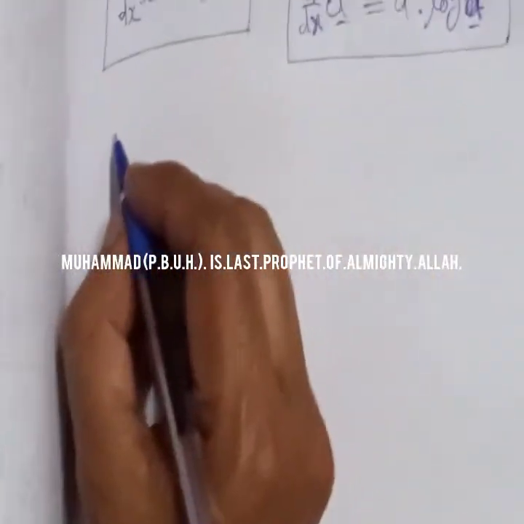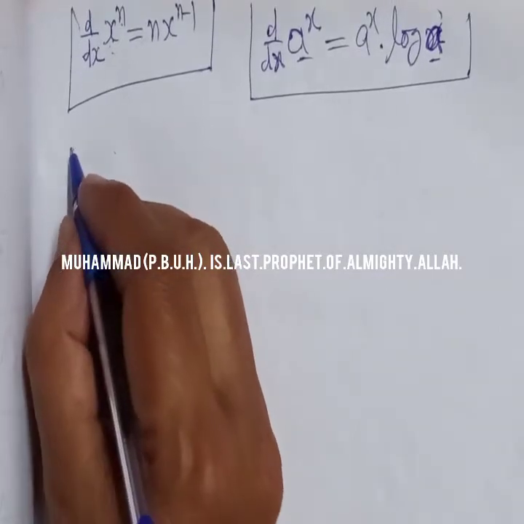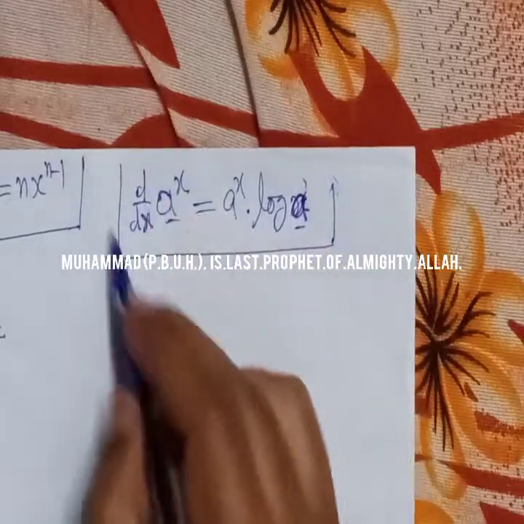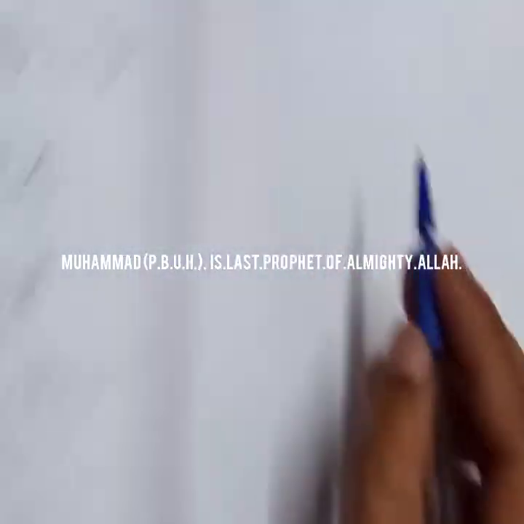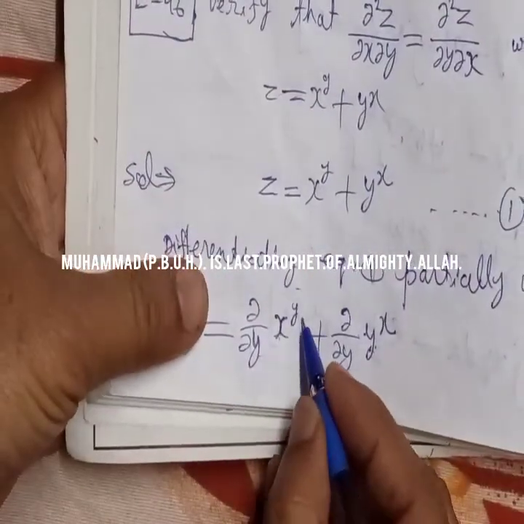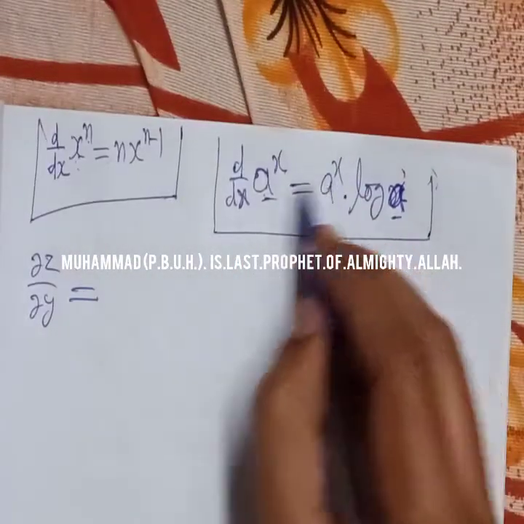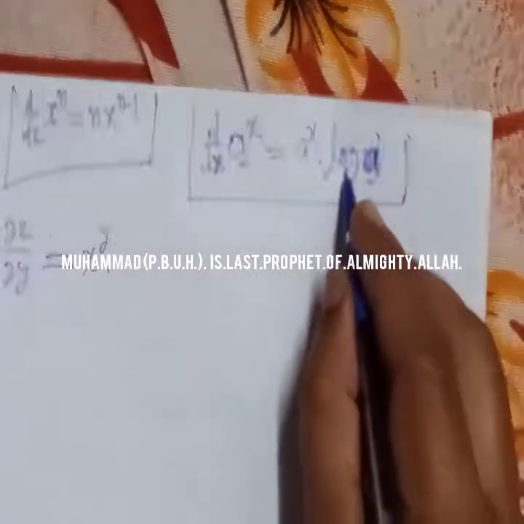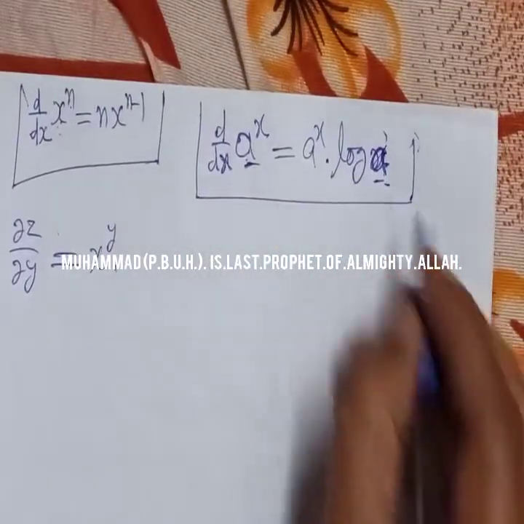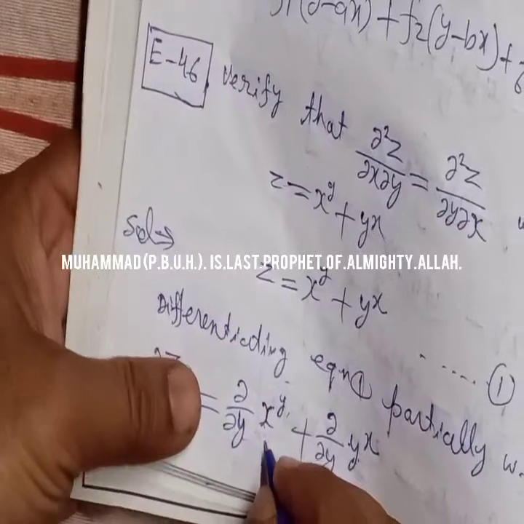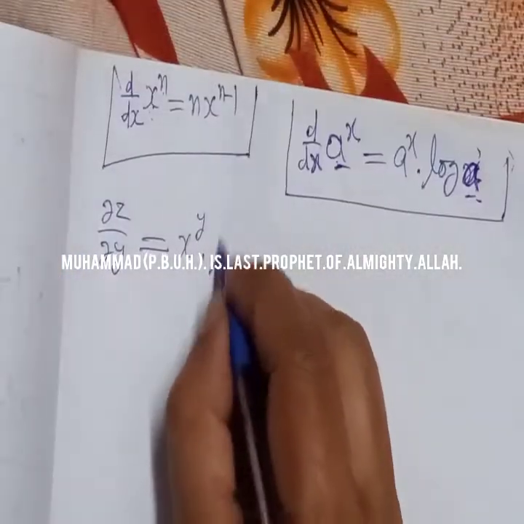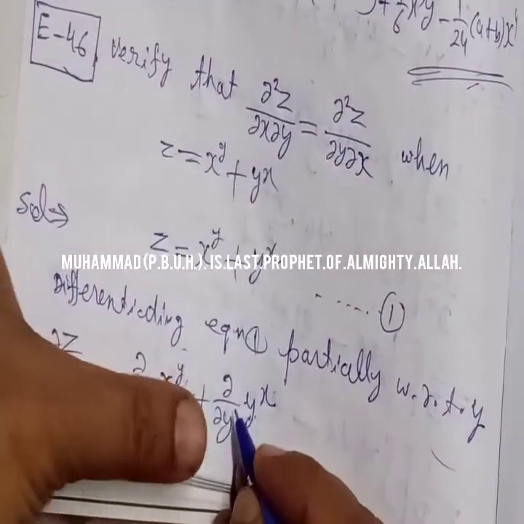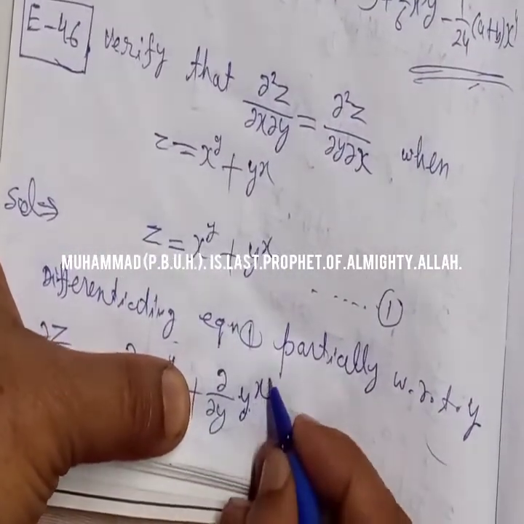So I write in the next step del z over del y is equal to, by this formula, constant to the power variable, this term here x to the power y, and log a base is same. Here base is x. So I write here log x plus, now differentiate this value, variable to the power constant.